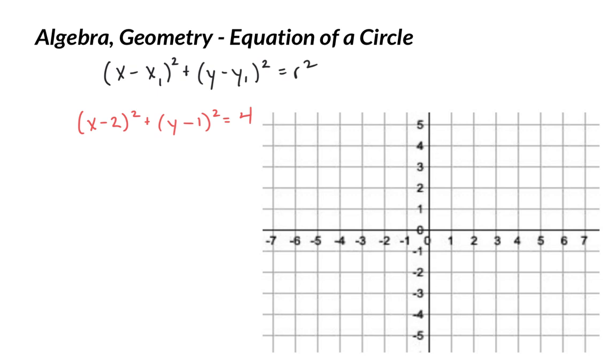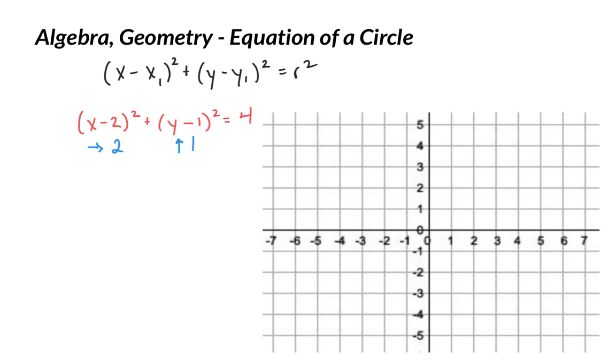So in this case, we were shifted right 2 units. I know it's x minus 2, but this really has to do with always thinking about what would make that factor, that thing in parentheses, 0, and that's positive 2. And we were shifted up 1 unit.